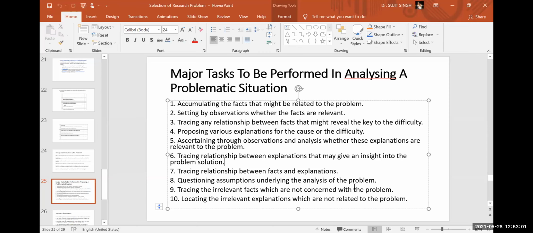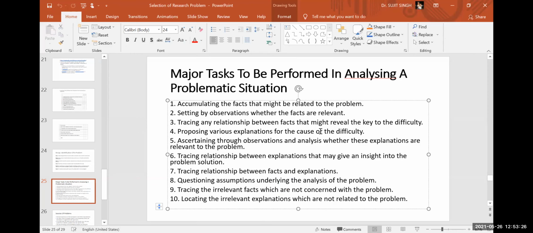You have to think about that. Whenever you are going to design the questionnaire, you have to do some sort of content validation. And also you should be able to locate and recognize the irrelevant explanation which is not related to the problem, right?